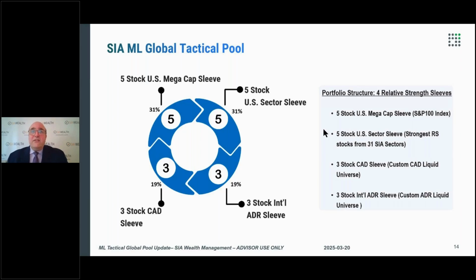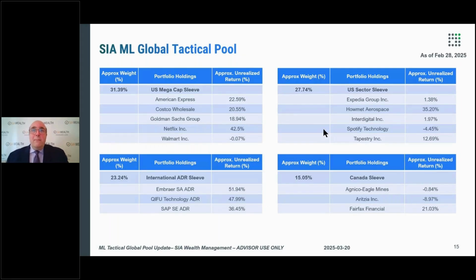The 5-stock sleeves are about 31% each, and the 3-stock sleeves are approximately 19% each as target. However, we can see this has changed over time, based on performance. We've seen some sizable changes in the actual weighting.